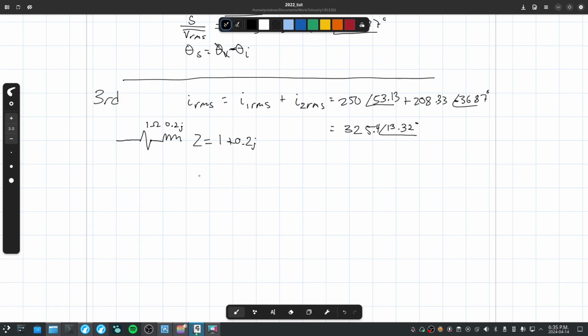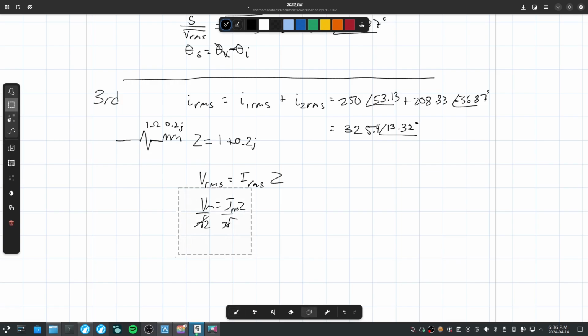And remember, V is equal to IR. And the same rule applies with RMS. So V RMS is equal to I RMS times R, or Z in this case. You could prove that: if you have V is equal to IZ, if you divide both sides by root 2 to get RMS, those cancel out.